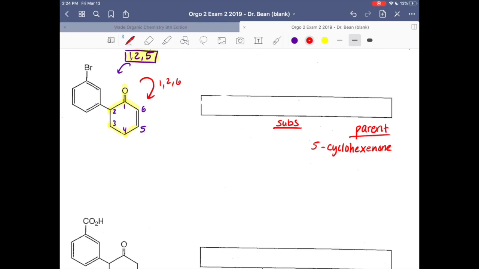But let's now move forward to our substituents and see what we have here. So the only thing I see is that group coming off over there, right? And that is a complex substituent because you also have this bromine coming off, okay? So what are we going to call that?